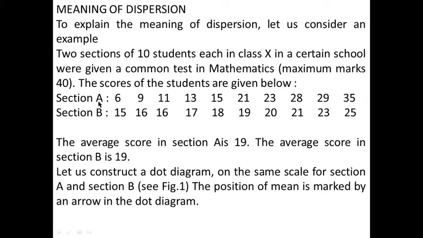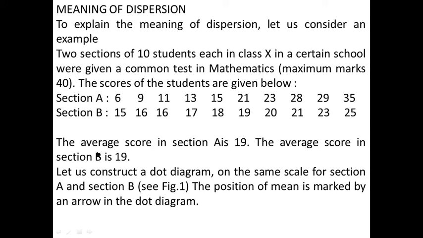School A, that means section A, has the scores 6, 9, 11, 13, 15, 21, 23, 28, 29 and 35 of 10 students in mathematics, and in school B the scores are 15, 16, 17, 18, 19, 20, 21, 23 and 25, the 10 observations of the students in mathematics.